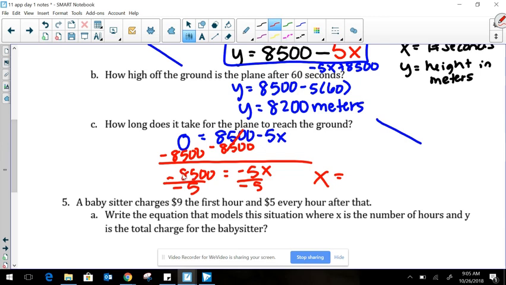So I'm going to divide 8,500 divided by 5. And you should get 1,700. And I'm going to label my x variable with seconds, which I labeled up here. Very nice. Okay. And that's all we're going to do today for the applications day 1 notes.